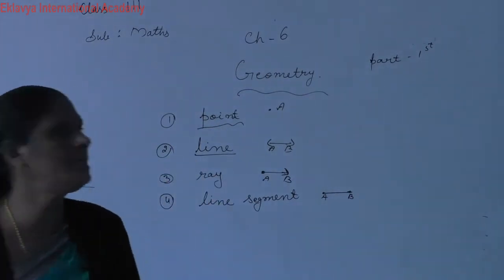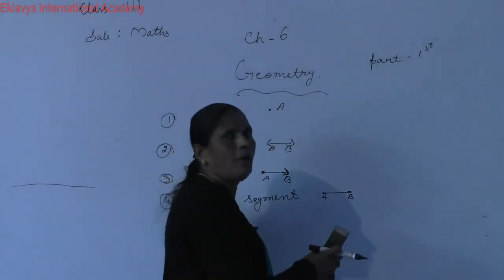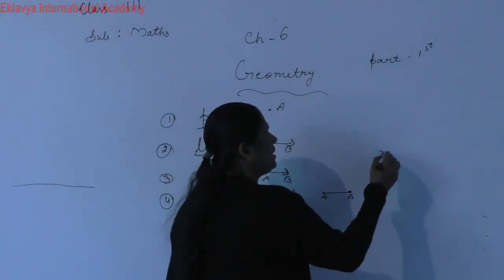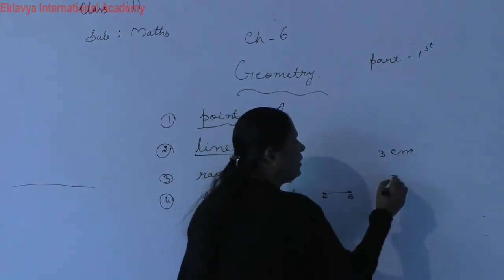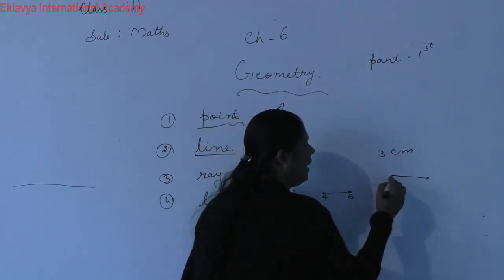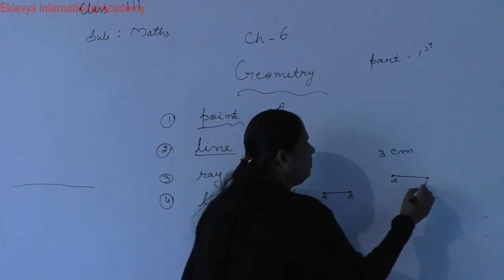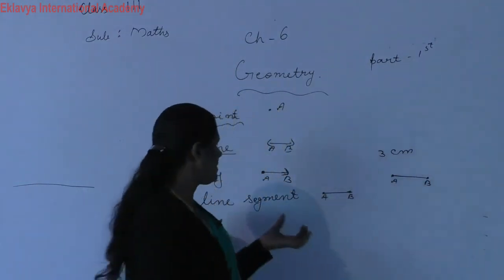We take 3 centimeter. We draw a line segment of 3 centimeter, line segment AB. What is a line segment?